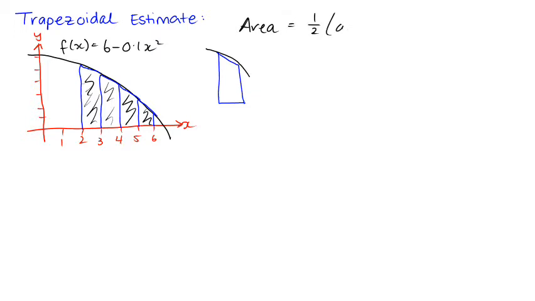Yeah, so half (A plus B) times height. So you can use that by hand, but there is another formula to go straight to it, which is Tn, obviously T for trapezium, (B minus A) over 2n, don't forget the 2.